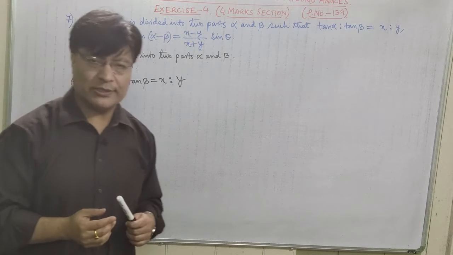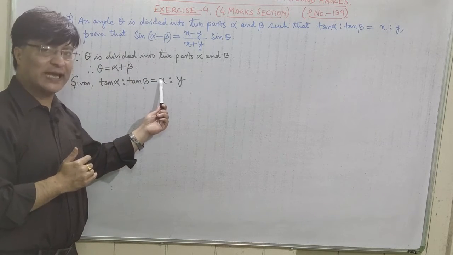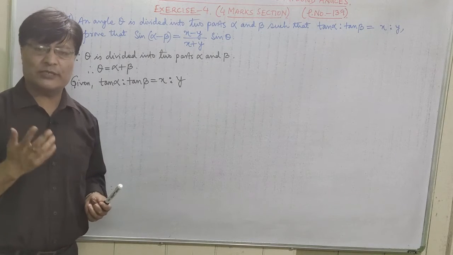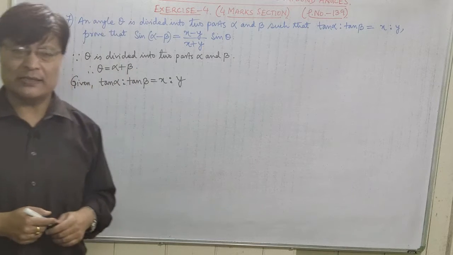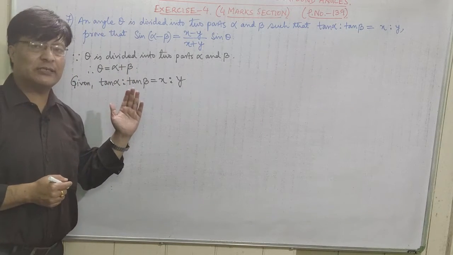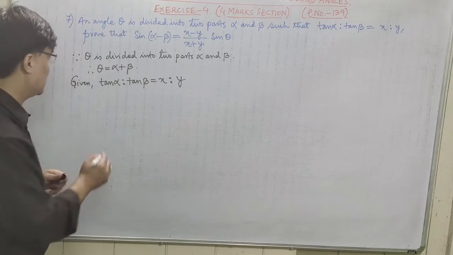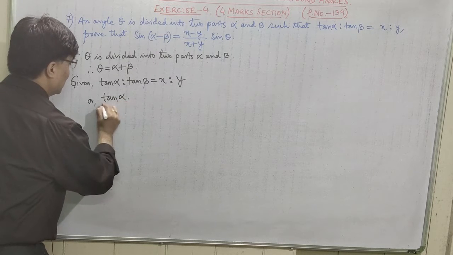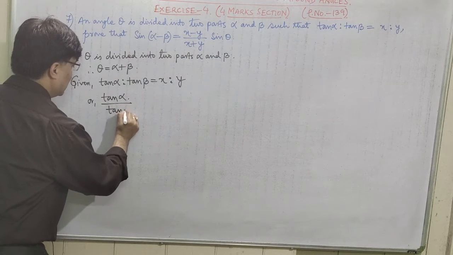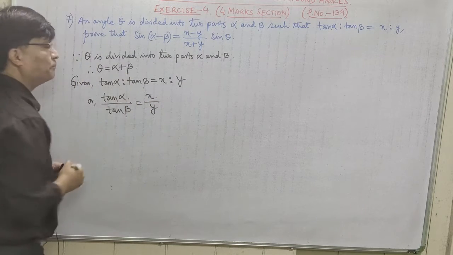So you know ratio, isn't it? Ratio means this first term is known as antecedent and the second term is known as the consequent. You know that. You have done it in class 9 or 10, right? So this ratio can be written in terms of fraction, that is antecedent divided by consequent. So here you can write tan alpha divided by tan beta is equal to x upon y.